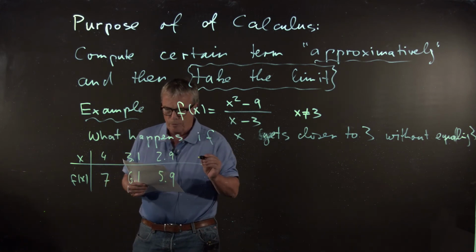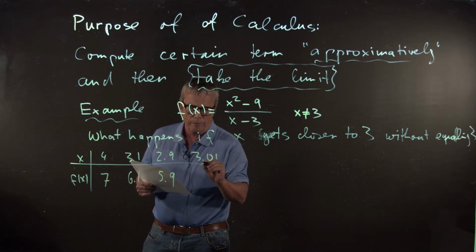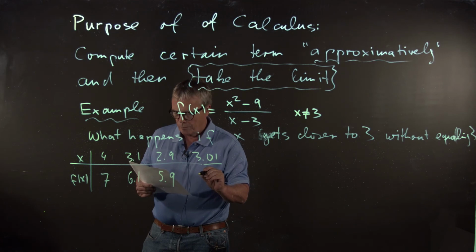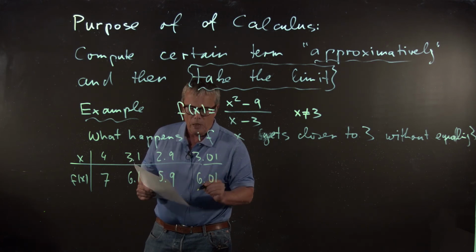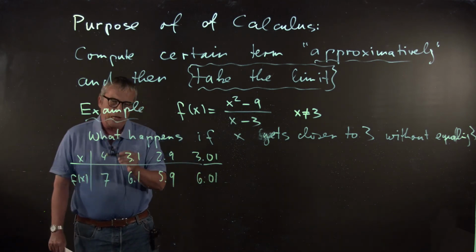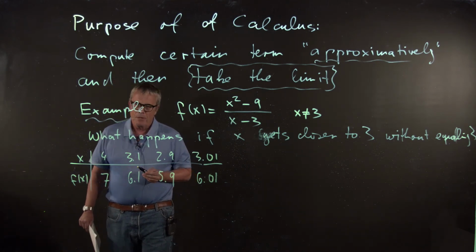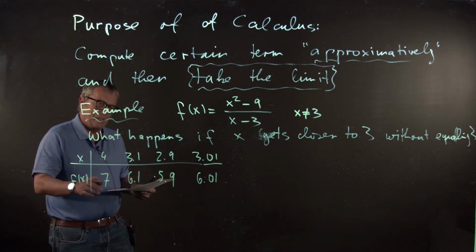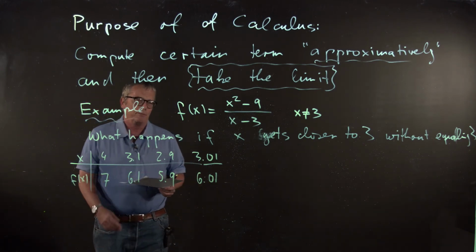And then if we put 3.01, we get 6.01. So you kind of think the closer and closer x gets to 3, the closer and closer f of x gets to the number 6.